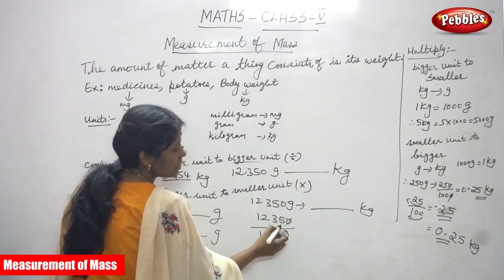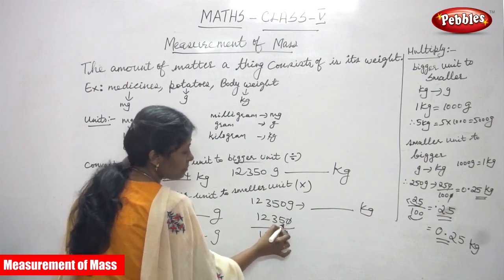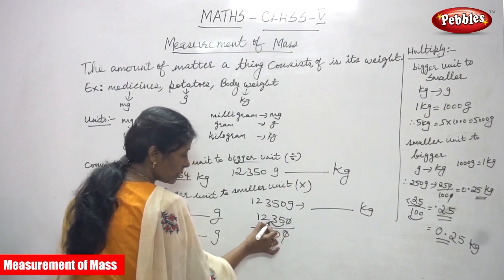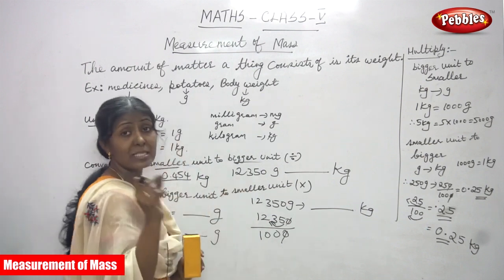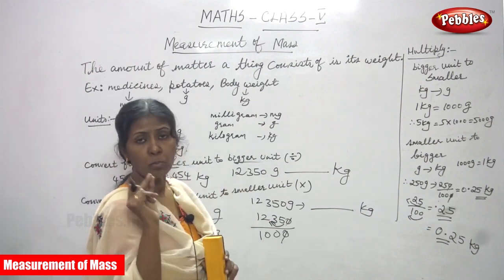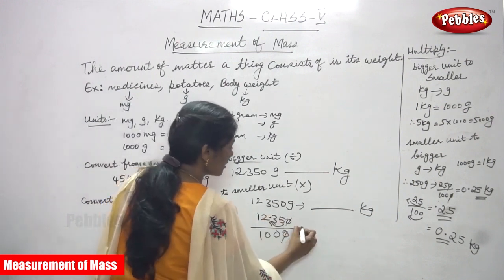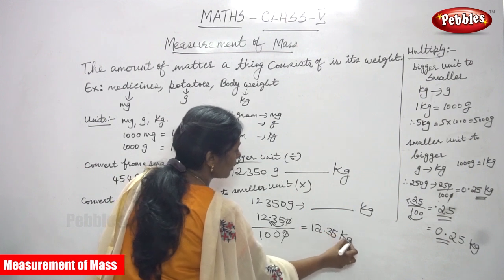Now cancel the zeros. After that how many zeros are here? Only 2 zeros. So move the decimal place 2 places to the left. So the point is coming here. That means 12.35 kilogram.